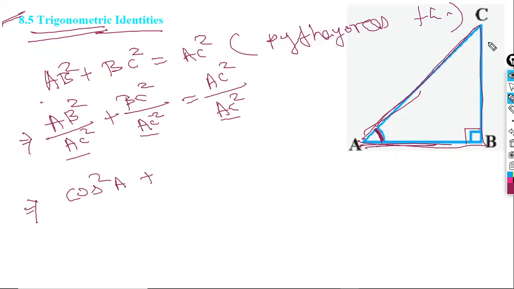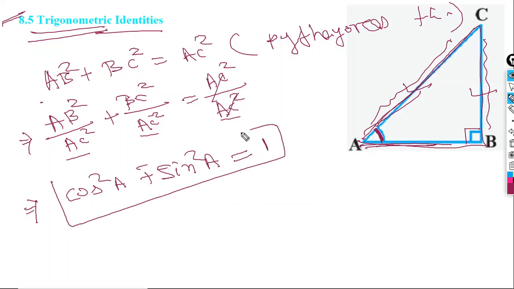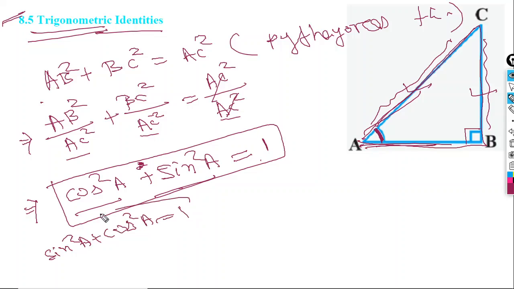Look at the figure, BC square by AC square is opposite side divided by hypotenuse, so that means sin square A, and AC by AC is cancelled to 1. So we got an identity: cos square A plus sin square A equal to 1. In other words, sin square A plus cos square A equal to 1.